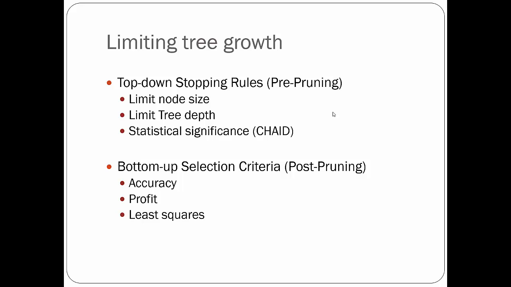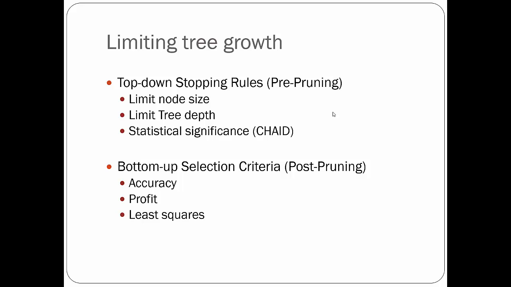Another way is to say, I don't want a tree that goes beyond a depth of 5. Starting from the root node, no branch should have more than 5 or 6 or 7 nodes. So you can limit the tree depth. Again, you can set that in SAS.